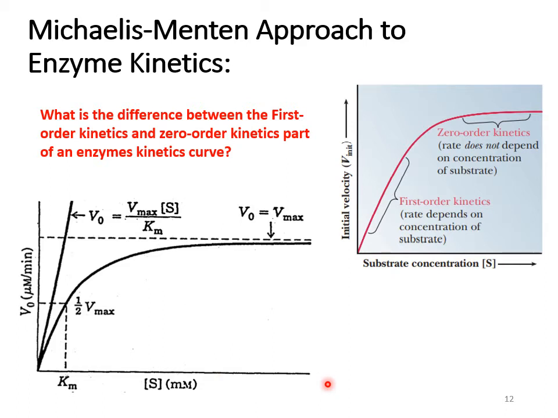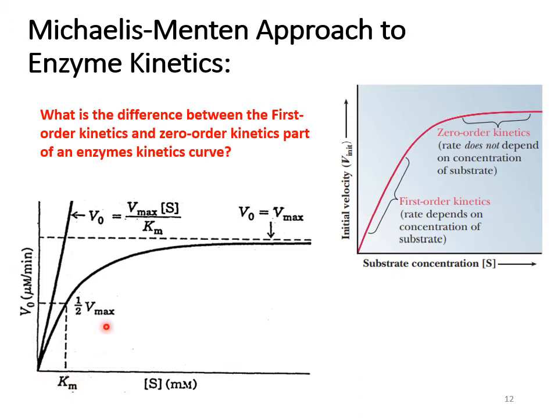The figure also shows where you find the Michaelis constant that we mentioned previously, the Km. So it shows that when the rate of the reaction, rate is the velocity that you see on the y-axis, when the rate of the reaction is half its maximum value, half Vmax, that is when the substrate concentration is going to be equal to the Michaelis constant.